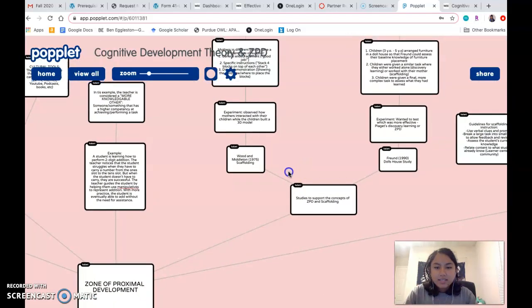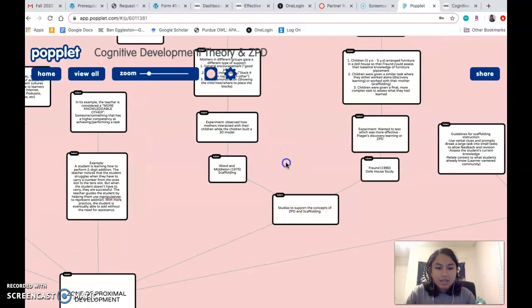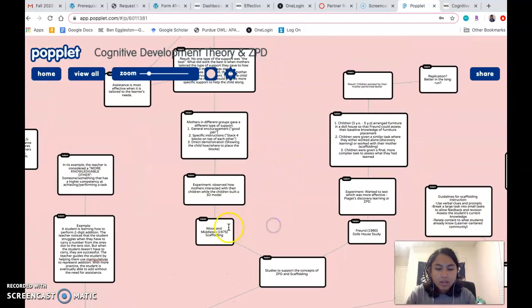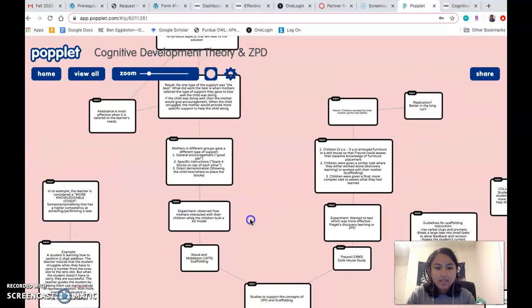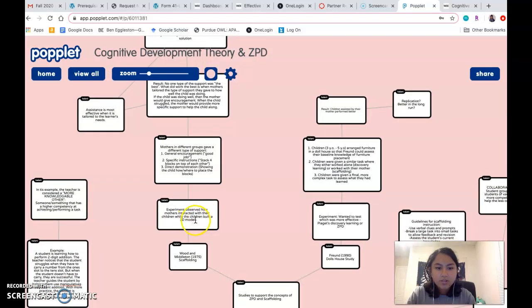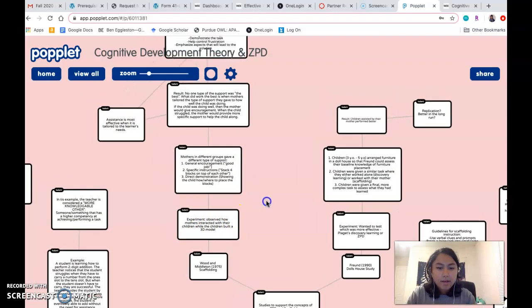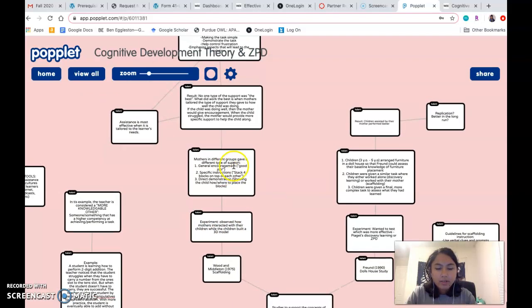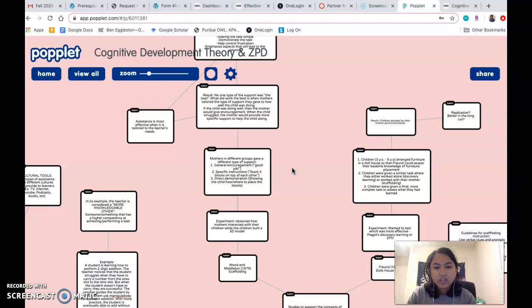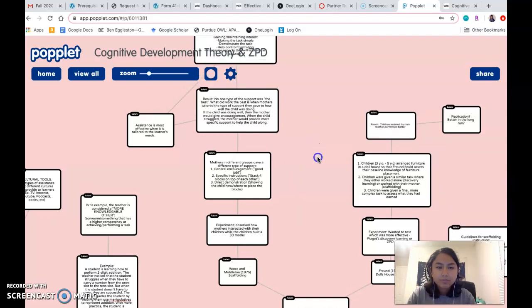So, two studies that support the concepts of ZPD and scaffolding. One is Wood and Middleton in 1975. Their experiment observed how mothers interacted with their children while they built a 3D model. The mothers in different groups gave different types of support, such as general encouragement, specific instructions, or direct demonstration.